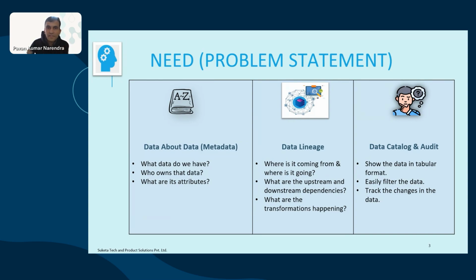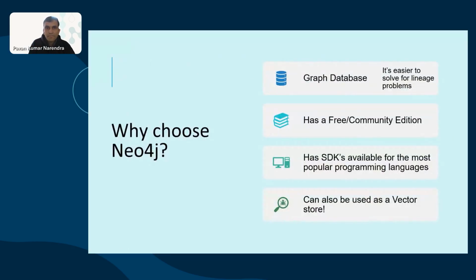Where is it coming from? Where is it going? What are the upstream and downstream dependencies? What are the transformations happening? And we also wanted to show data catalog and audit. We wanted to see our data not just in graphical format, but as a tabular format. We wanted to easily be able to filter the data, track the changes in the data, and so on.